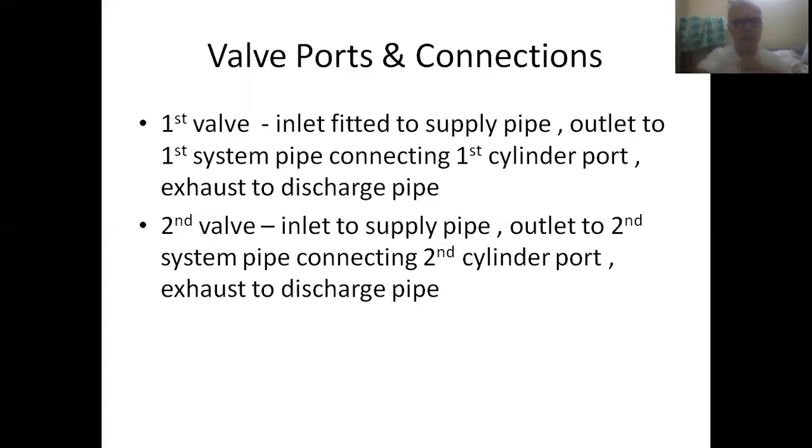The second valve inlet is connected to the supply pipeline, outlet fitted to the second port of the cylinder, and the exhaust pipeline fitted to the atmosphere. So here these inlet and exhaust arrangements are one and the same, but the outlet of the first valve is fitted to the first port of the cylinder, and the outlet of the second valve must be fitted to the second port of the cylinder. So friends, these are the arrangements to be made so far as connections are concerned.